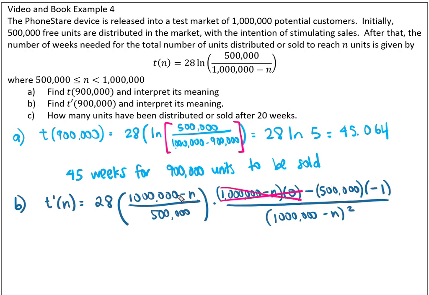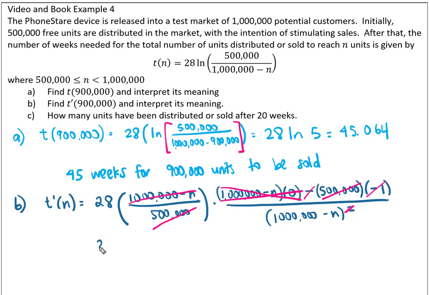We do have a 1 million minus n here in this numerator, and we have a 1 million minus n to the second power here, so that will cancel out. And then I have a negative times 500,000 times negative 1. The negative 1 and the negative will cancel out, and I have 500,000 divided by 500,000, and so that will cancel out as well. So I just have 28 over that.